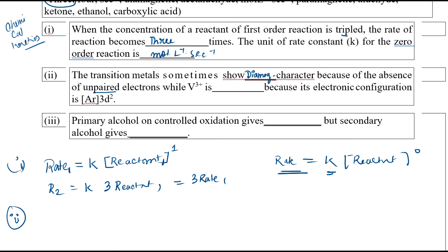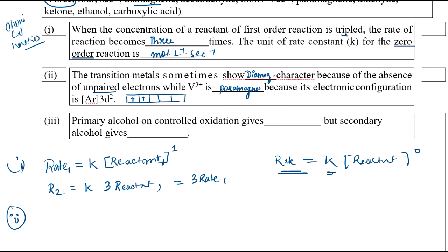So the first blank will be filled by diamagnetic. Then we have V3+ is dash, because its electronic configuration is argon 3d2. In the 3d orbital, there are 5 subshells and 2 electrons are present, so 2 unpaired electrons are present. So V3+ will be paramagnetic in nature.